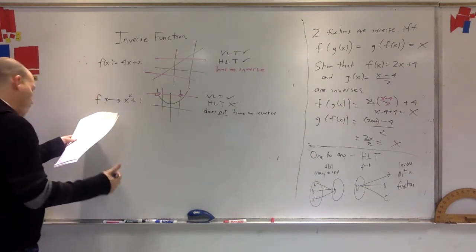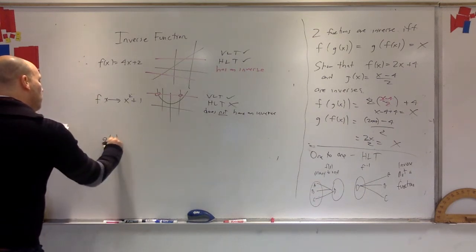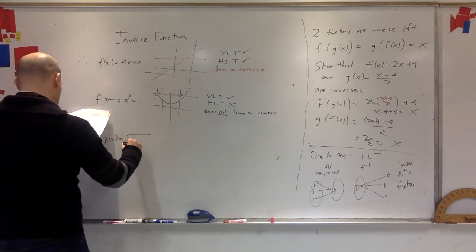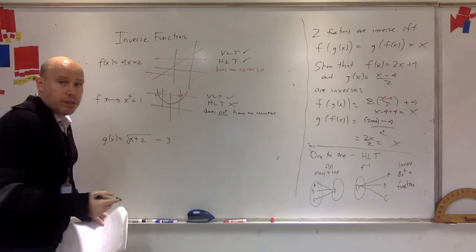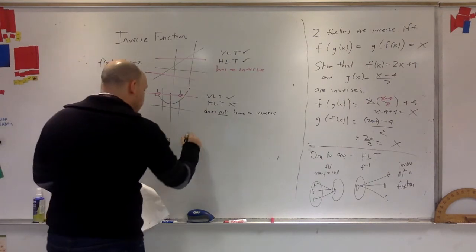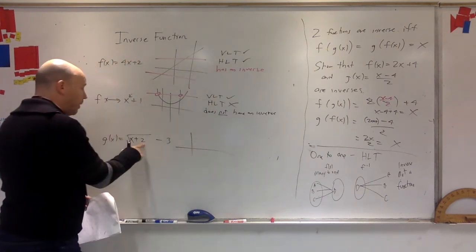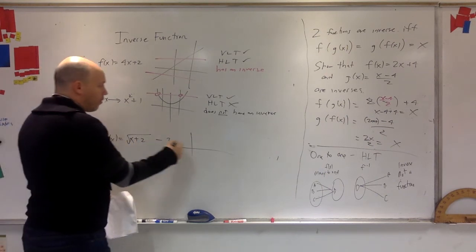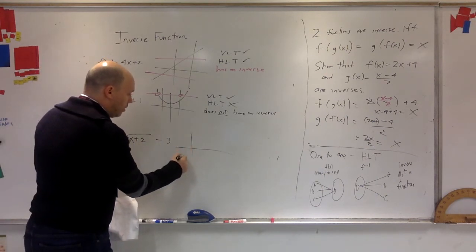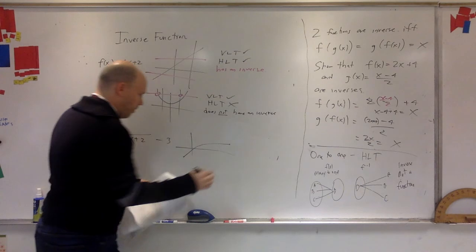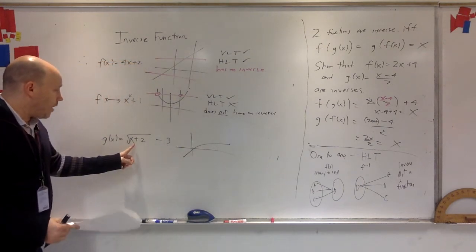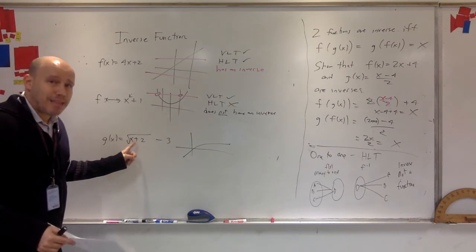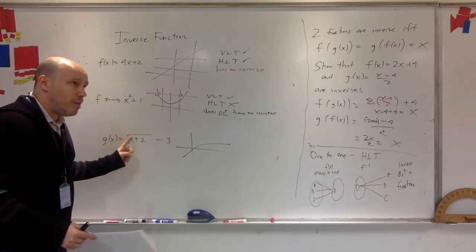Let's try another one. g of x is equal to the square root of x plus 2, minus 3. Well, you can see from your GDC, we know it's going to be 2 to the left, down 3. So it's kind of like this. Because once again, we know from our domain, this can't be less than -2.